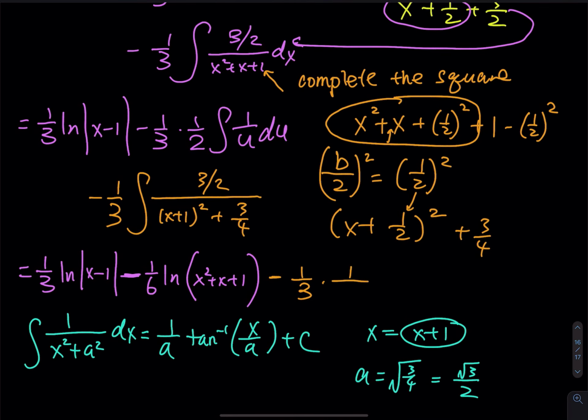So 1 divided by root 3 over 2. And then inverse tangent x divided by root 3 over 2. And then plus c. Oh, the x, that is not an x. That is supposed to be x plus 1/2, right? Too many numbers. So this is plus 1/2. All right, plus c.